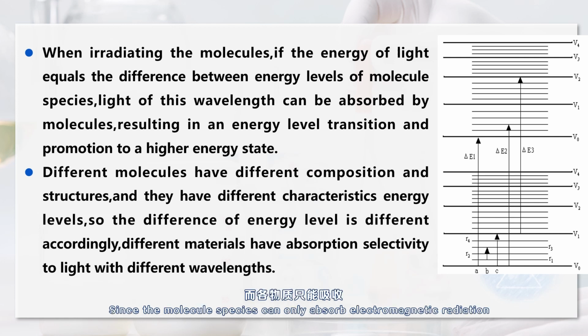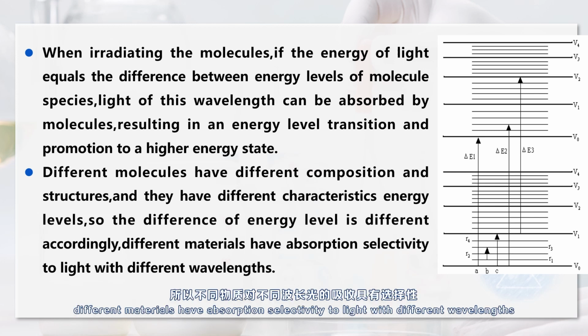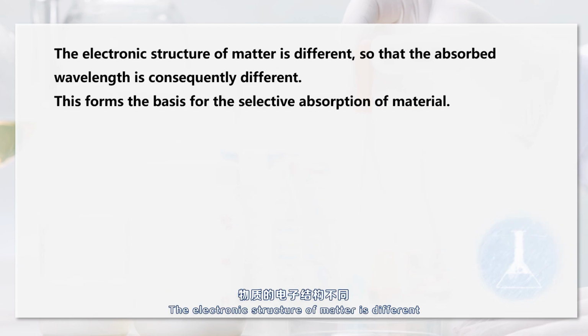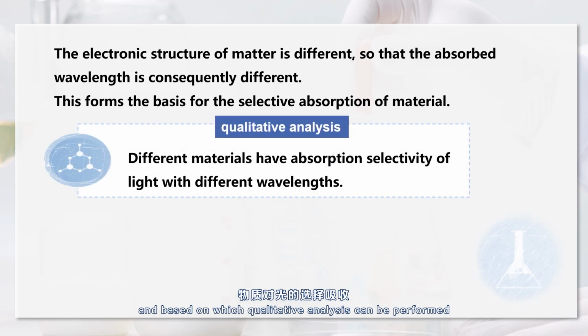Since the molecular species can only absorb electromagnetic radiation with energy equal to a certain energy level difference of molecules, different materials have absorption selectivity to light with different wavelengths. The electronic structure of matter is different, and the absorbed wavelength is consequently different. This forms the basis for the selective absorption of material, based on which qualitative analysis can be performed.